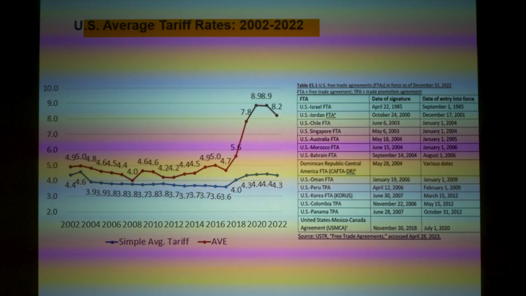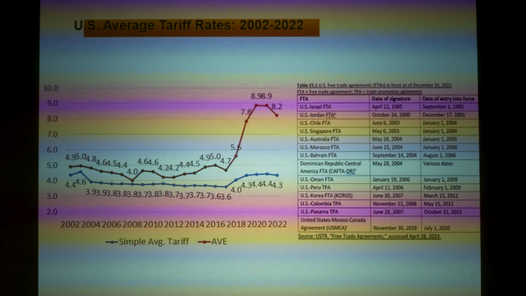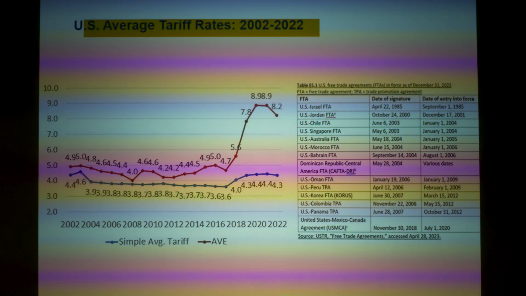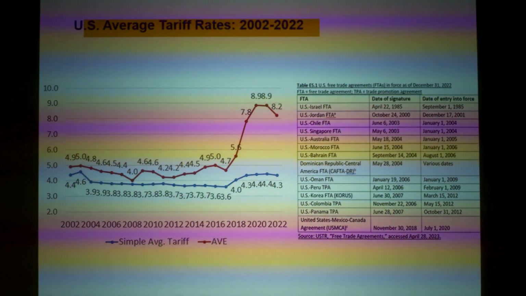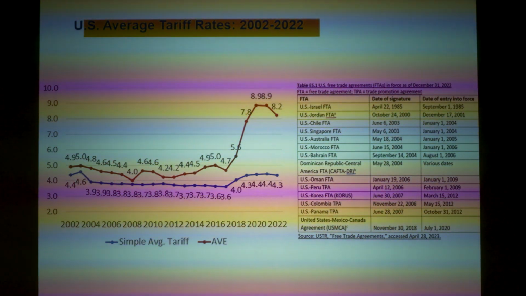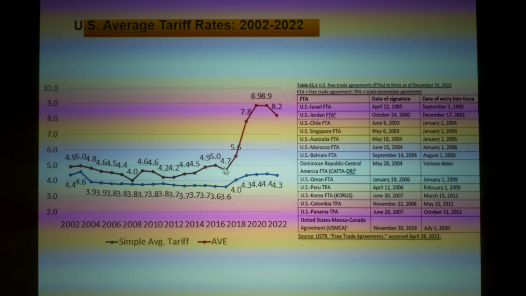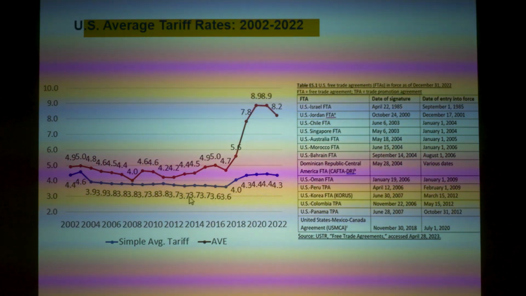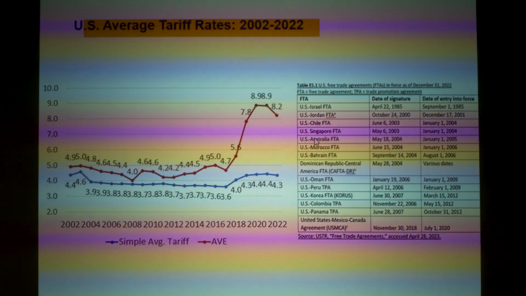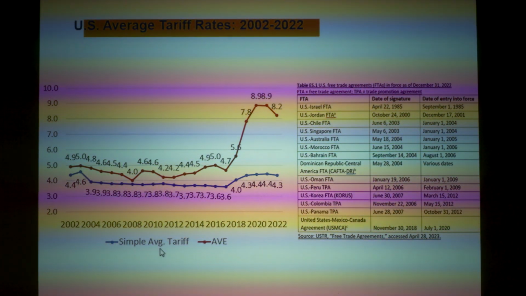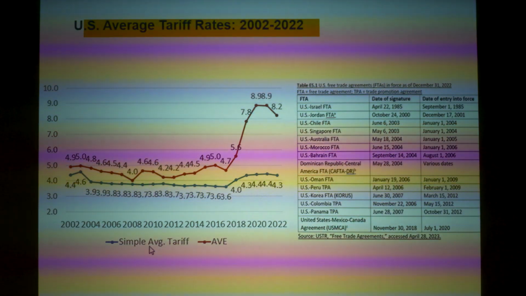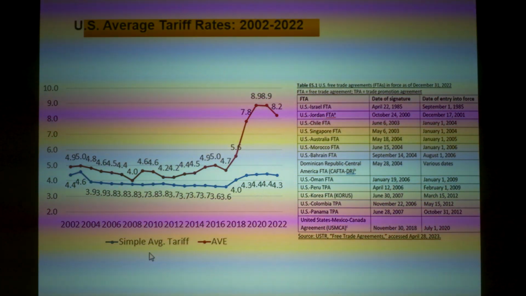So what did I do? I collected a bunch of data on tariffs. That's publicly available. Here's a graph of average tariffs in the United States. So the blue line is a simple average. There's about 10,000 goods that we import.